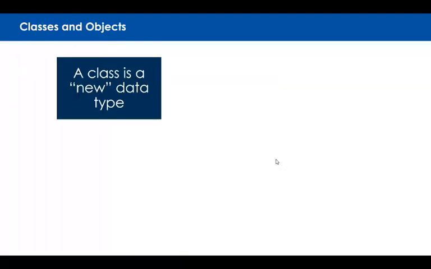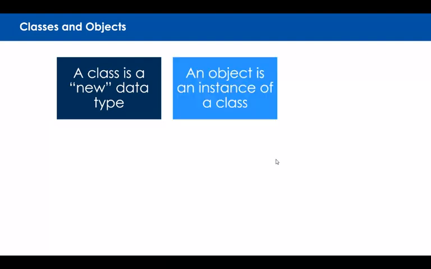So to summarize, a class defines a new data type. It defines the characteristics, the list of data attributes, the methods that instances will have. An object is an instance of the class and has its own unique copy of the data.